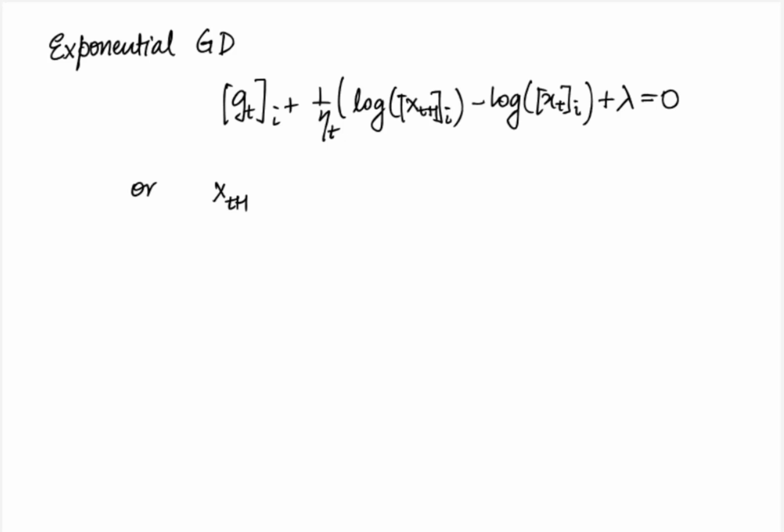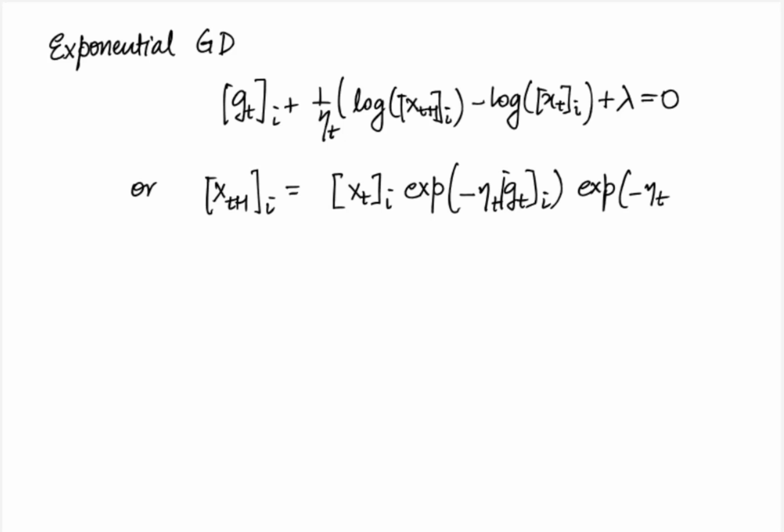Or equivalently, x_{t+1} of i is equal to x_t of i times exponential of minus eta_t g_t of i times exponential of minus eta_t lambda. Note that we did not worry about the non-negativity constraint, and the solution here is already non-negative.